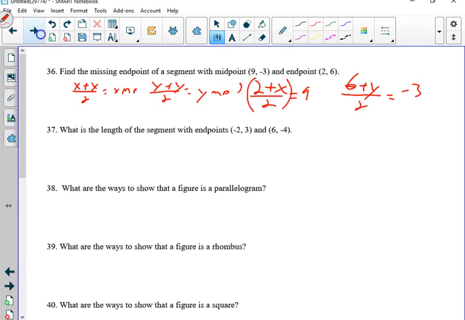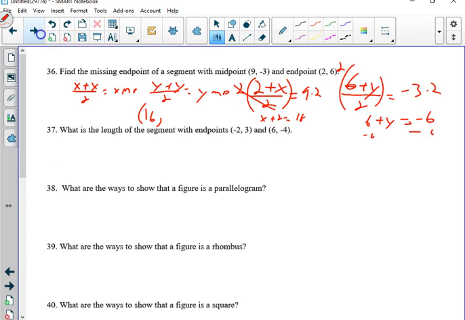So to get rid of that 2, we multiply by 2. That gives us x plus 2 equals 18. If you subtract 2, you get 16. Over here, multiply by 2. 6 plus y equals negative 6.